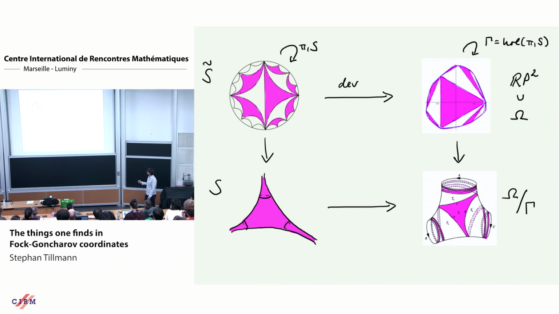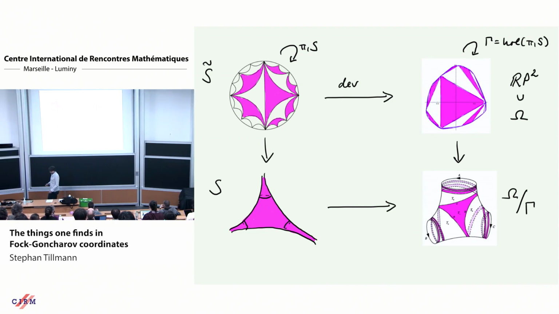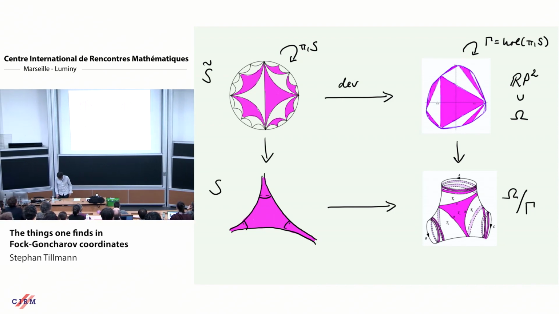So what you see here is, this triangle here maps to a triangle that winds around the boundary component. I couldn't draw all of this. And the same thing here. So this fills up this pair of pants. I thought pairs of pants were the running theme of the conference, so I should not deviate.